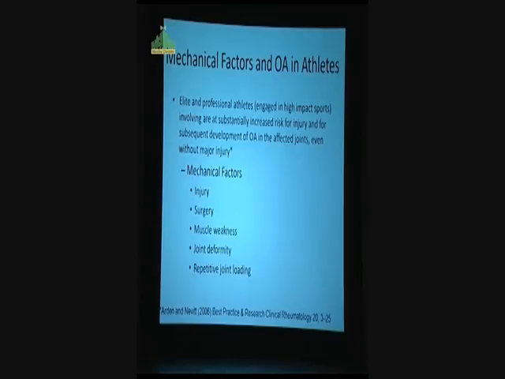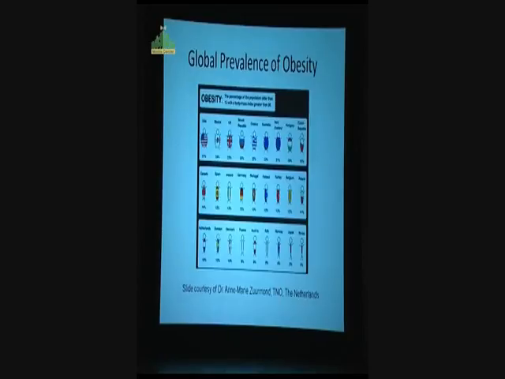And what I've highlighted here is some of the mechanical factors that can contribute to osteoarthritis development in athletes. Injury itself, surgery which occurs after the injury, the muscle weakness after the recovery period, and the subsequent joint deformity, and what might happen in the joint which becomes unstable with repetitive joint loading.